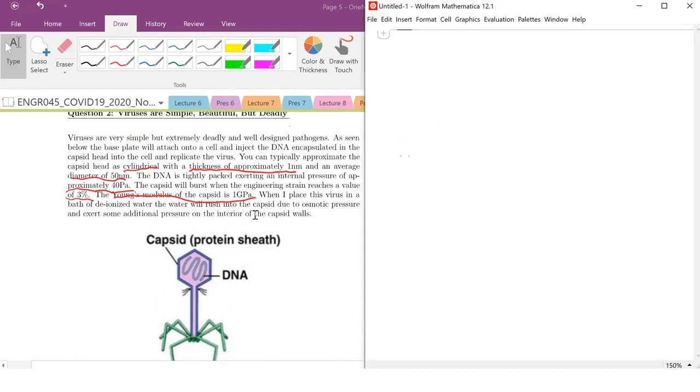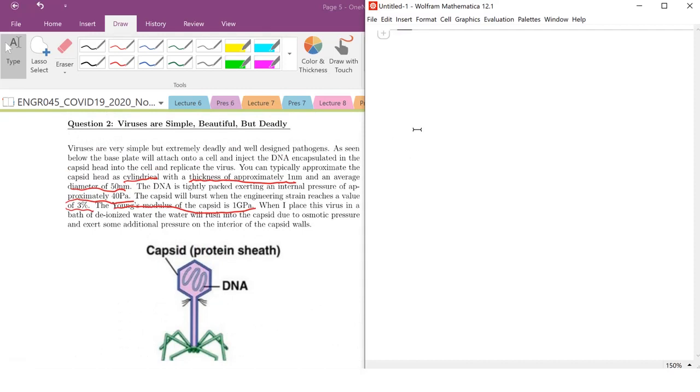The first thing I want to check is our condition for thin-walled pressure vessels. We need to define our R. Let's define thickness first: 1 times 10 to the minus 9, that is a nanometer. The radius is going to be 50 times 10 to the minus 9 divided by 2, that's 25.